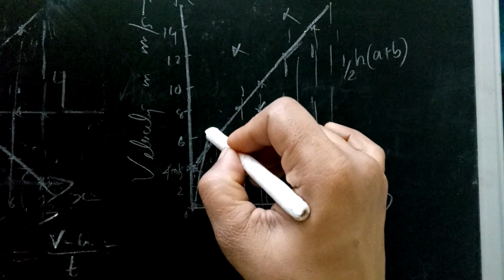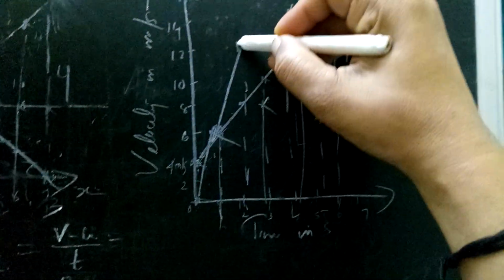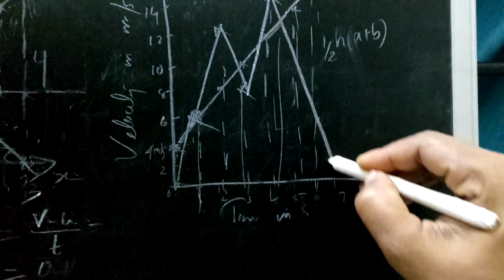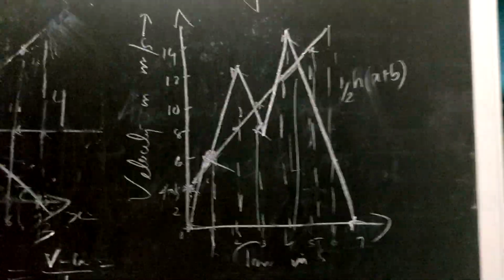So the graph will be like this. Then it may come to rest at the 7th second. Is that clear?